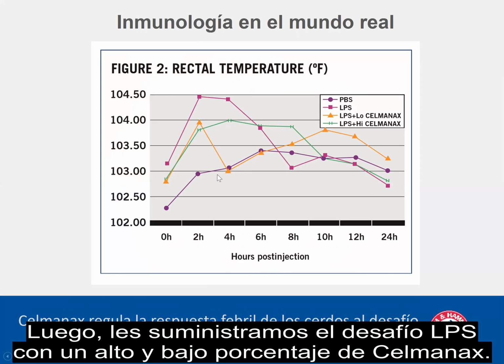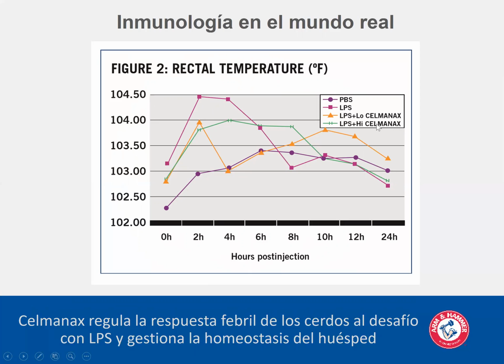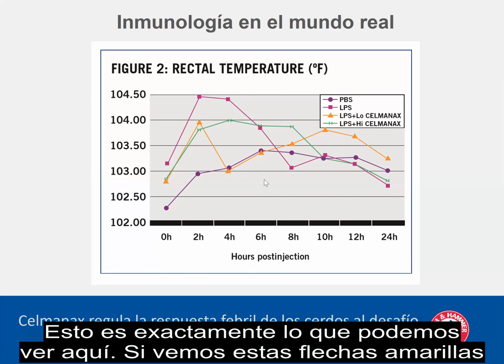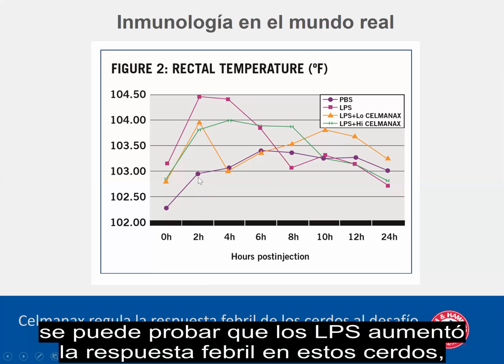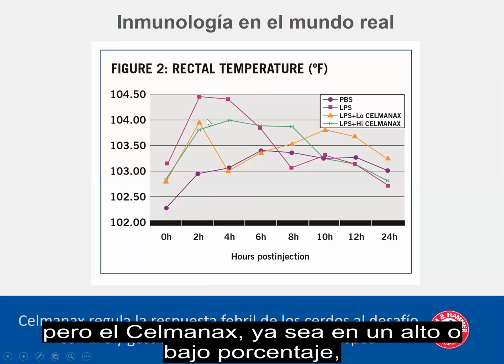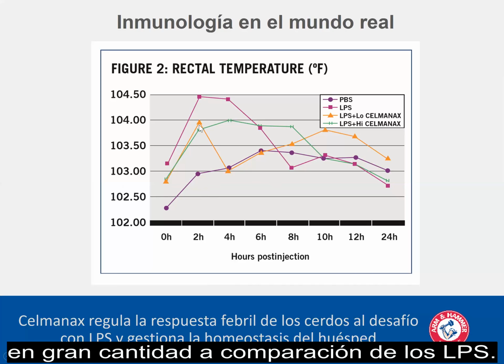And then we administered the LPS challenge with a low and a high level of Salmonax. And what we really wanted to see was, can Salmonax bring about kind of a host homeostasis response in response to an inflammatory challenge? And that's exactly what it showed here. So if you really look at this 2 hours right after the LPS challenge or the control, you can see that LPS really boosted the fever response in these pigs, but Salmonax at either the low or the high dropped that fever response down to much less than the LPS alone.